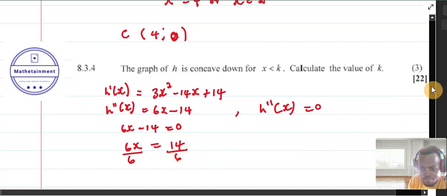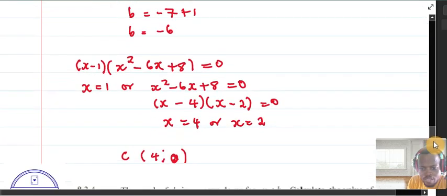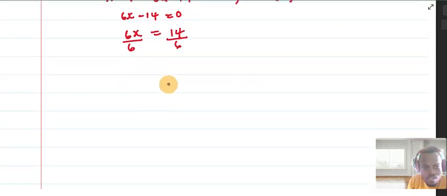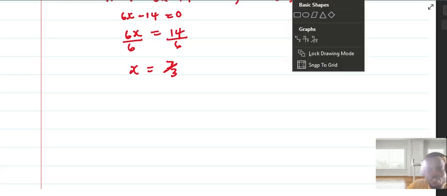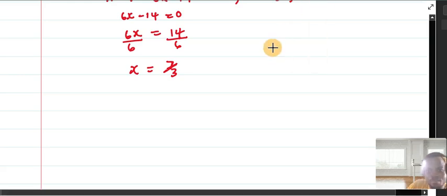We divide both sides by 6. So when you divide both sides by 6, you get what? Here the value of x is equal to 7 over 3. Here, using the information given to me, I can write my real line.